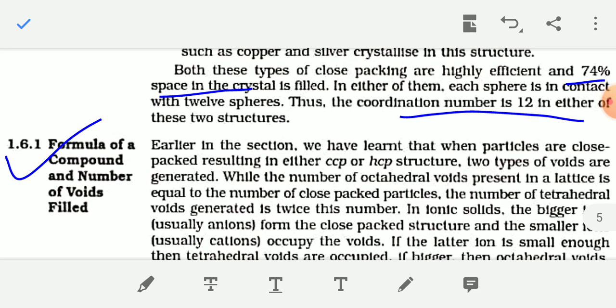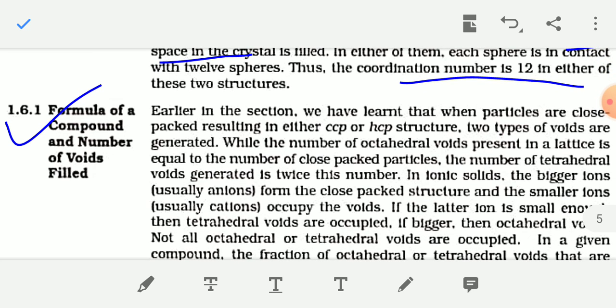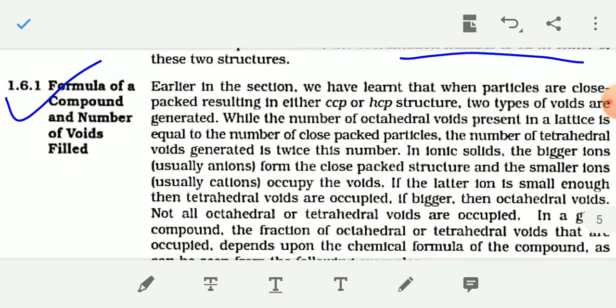Earlier in this section we learned that when particles are close packed, resulting in CCP or HCP, two types of voids are generated.